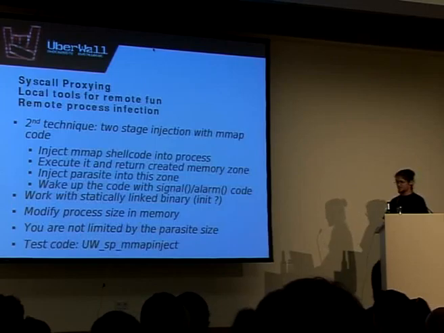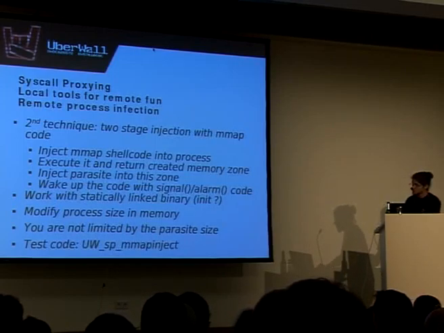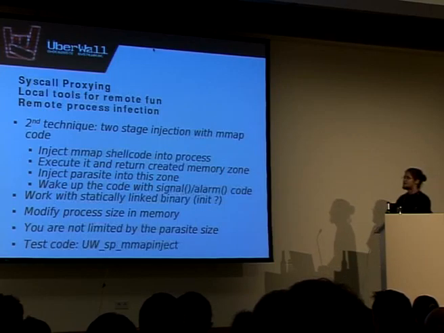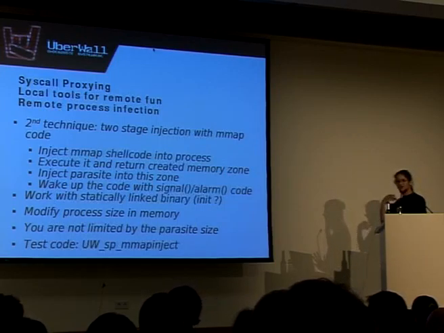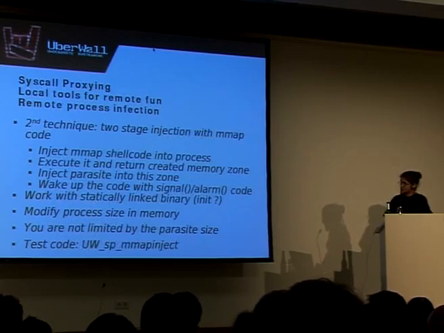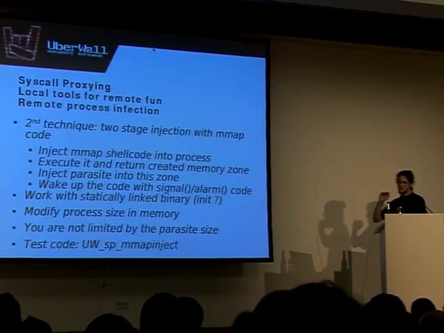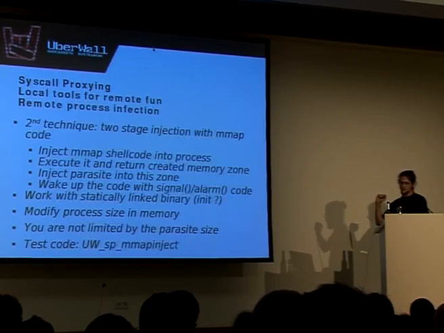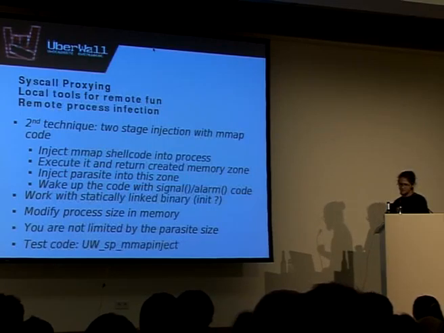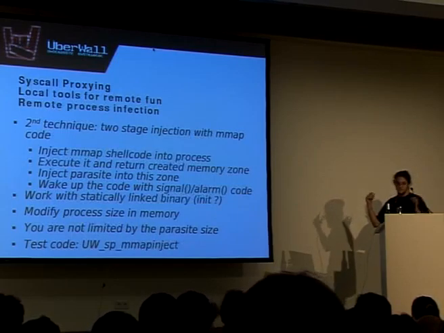The second technique is much more usable. The goal is inserting as much code as you want in the remote process, using two-stage injection with a kind of mmap code. So you ptrace the process remotely, you inject your mmap code into the process, you execute it, and it creates a memory zone like the normal mmap does.